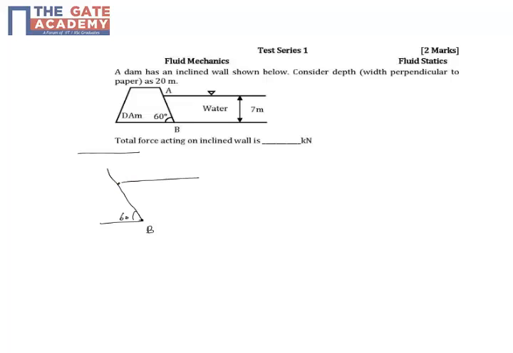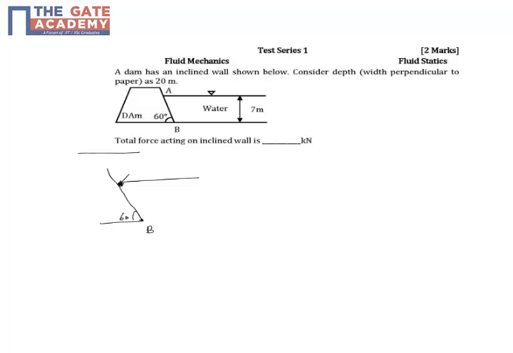Obviously the pressure here will be the atmospheric pressure. But most of the time, remember that when we do this total pressure calculation, or basically the total force calculation, we report based on the gauge pressure.